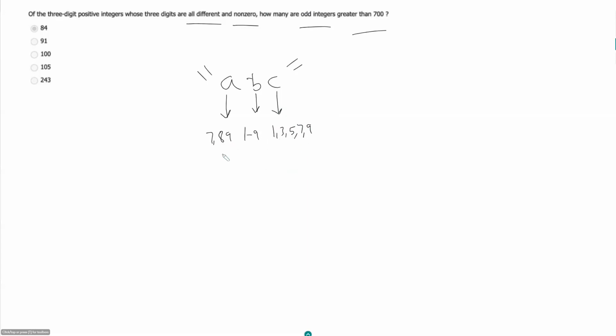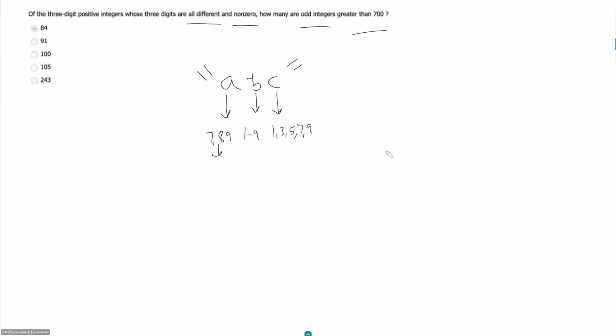If I choose a 7 to be in this slot, how many options do I have for C? Well, you'd only have 4, right? Because we can't reuse the 7. But if I choose 8 to be in my 100 spot, now I can use any of my options for C. So we have to take this into account somehow.